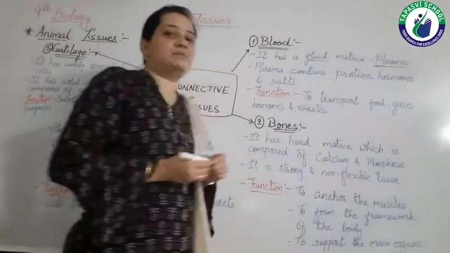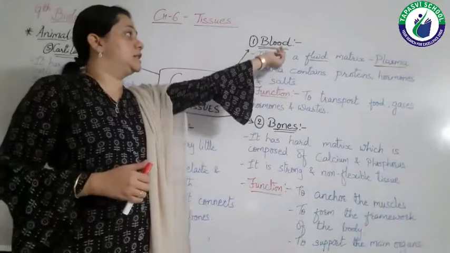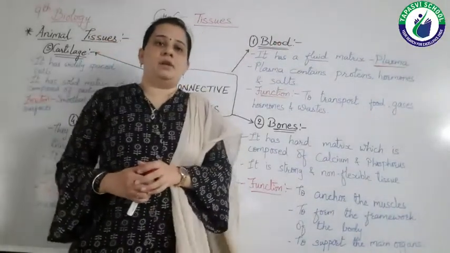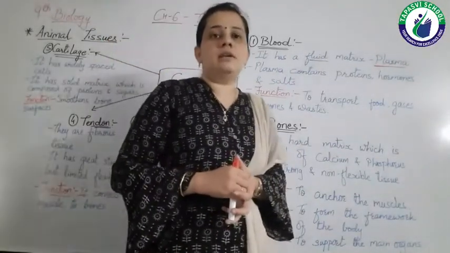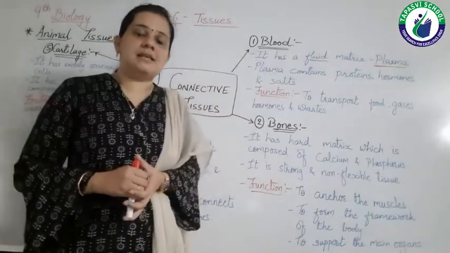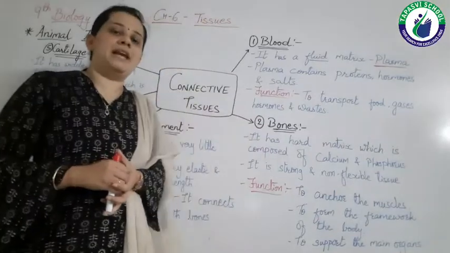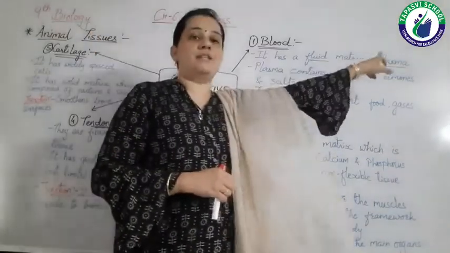Okay, so plasma is a matrix in which the cells of blood are present. Now you might know which are the cells of blood, right? Yes, that is RBC, red blood cells, WBCs, that is white blood cells, and platelets. These cells are embedded in plasma.